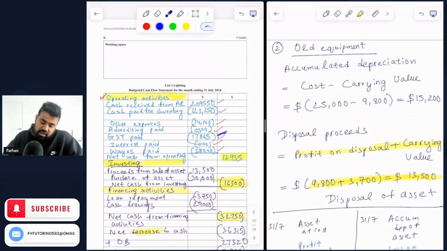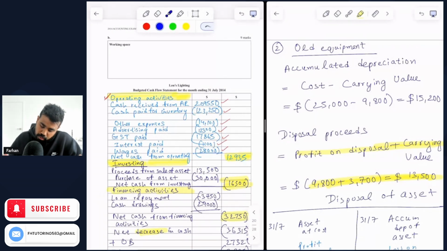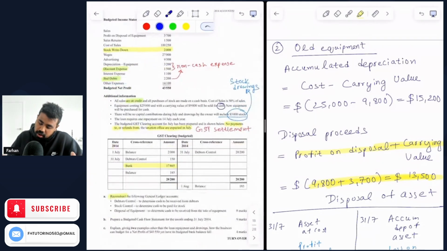So GST will not be included as part of the profit calculations, but definitely will be included in the calculation for the cash flow statement. So these are the two major ones, if you can talk about these too. That should be enough for you to score full marks, 4 out of 4, and then 9 out of 9 for part B and 8 out of 8 for part A. So 21 out of 21, easy for this question.